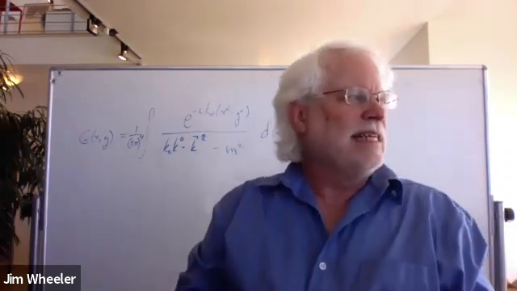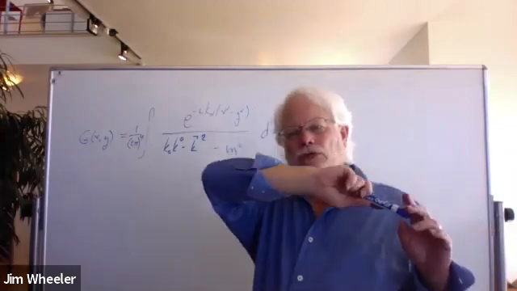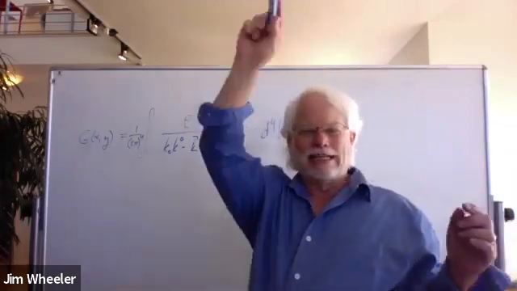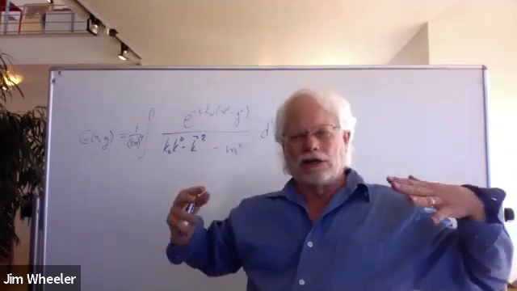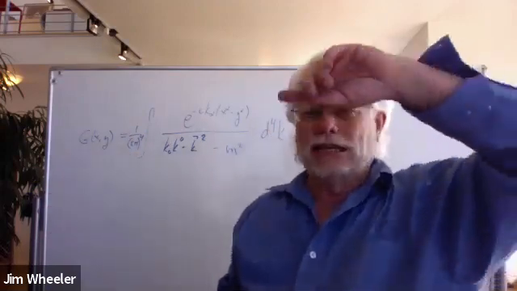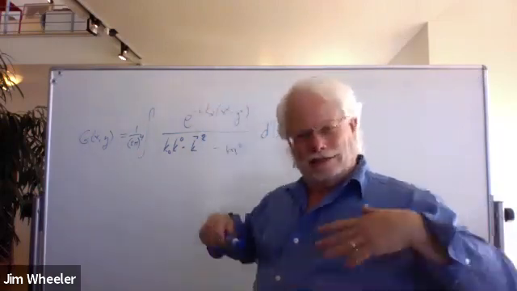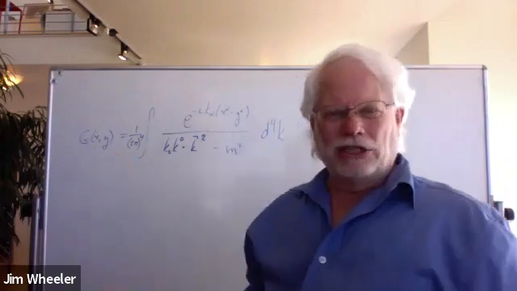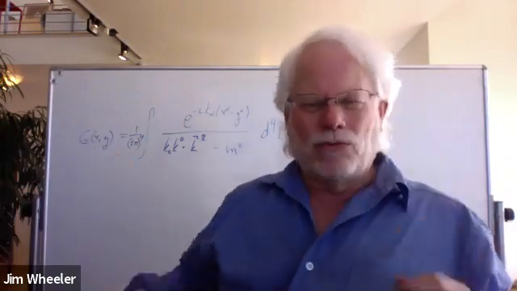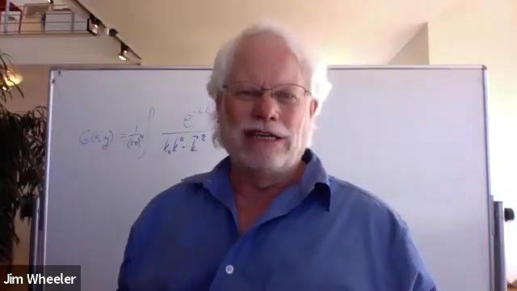But what we can do is close a contour. So we're going to add a large arc that we push off to infinity in such a way that we can see that this integral along that arc tends to 0. And so basically we've added 0, but what we've done is to complete a full closed contour in the complex plane.